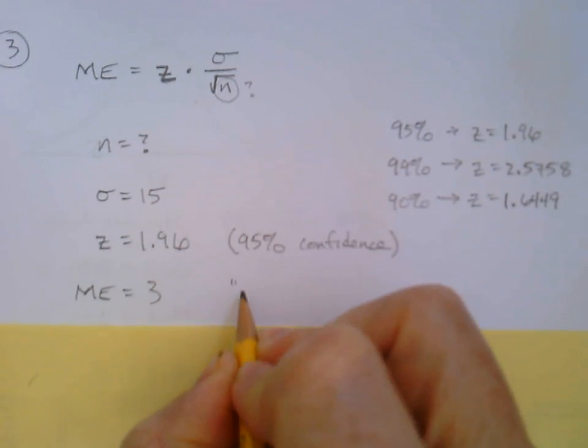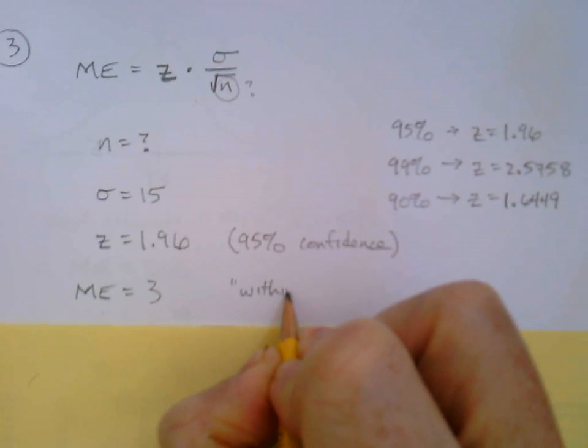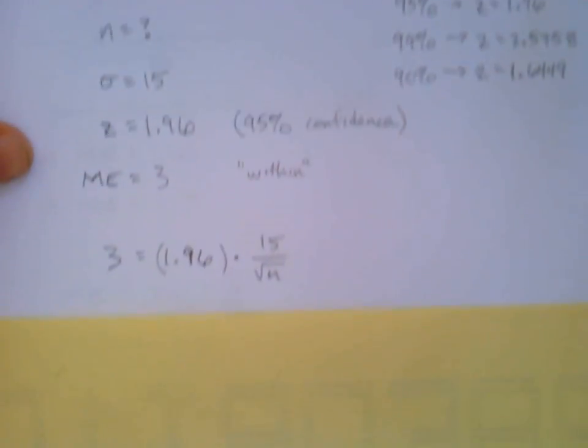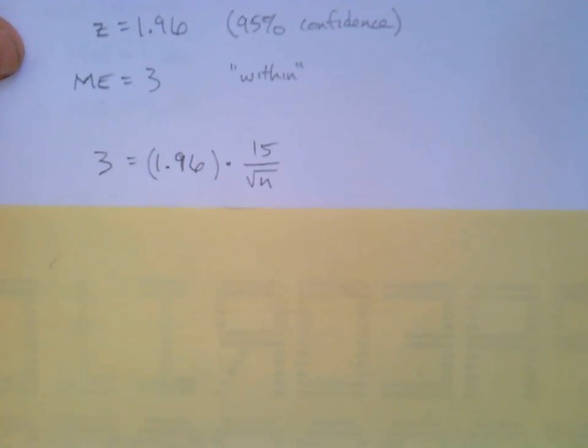The word within is the key phrase there. In either direction, within 3, either adding or subtracting. Okay, perfect. So we can plug all this stuff in and solve for n, and we'll know how many students this researcher should pick, which is a pretty powerful tool.